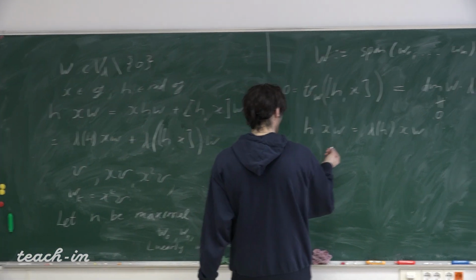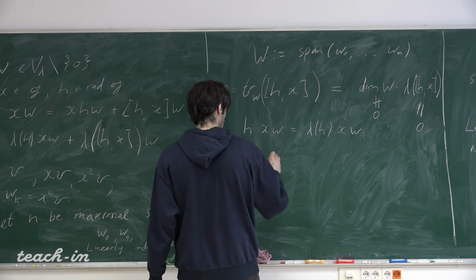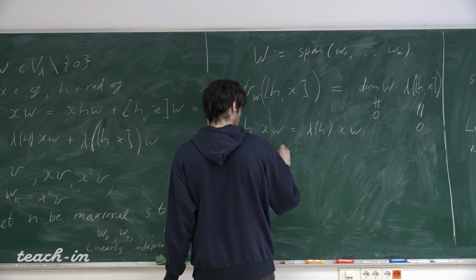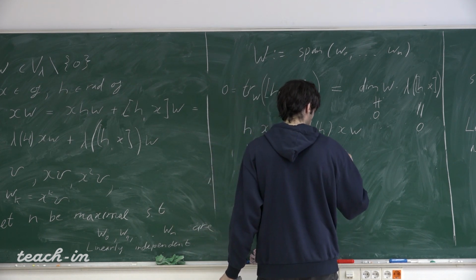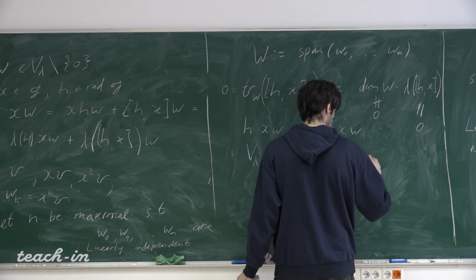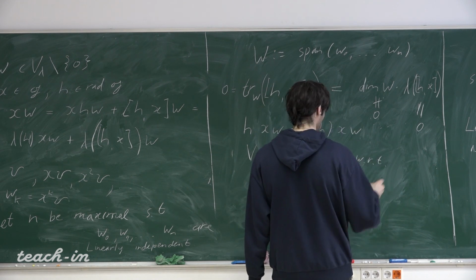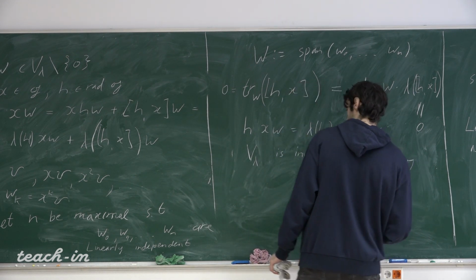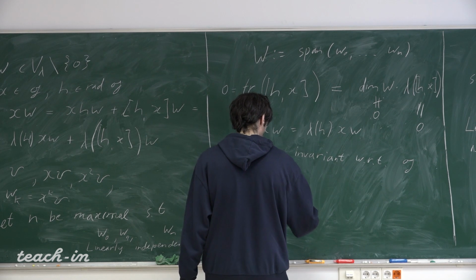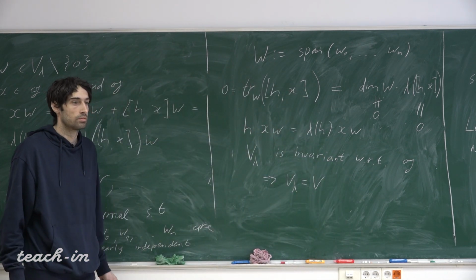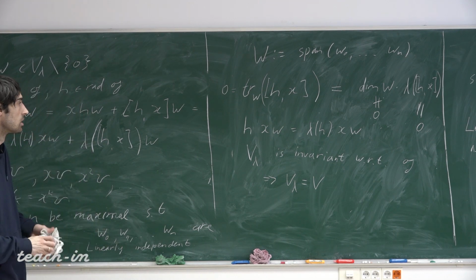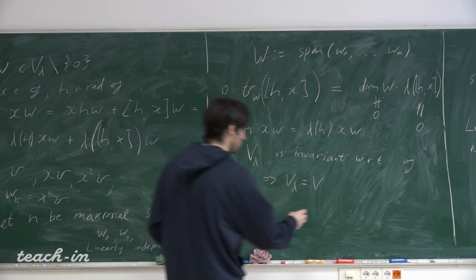Therefore, V lambda is invariant with respect to the action of G. So therefore, V lambda coincides with V. So that's it.